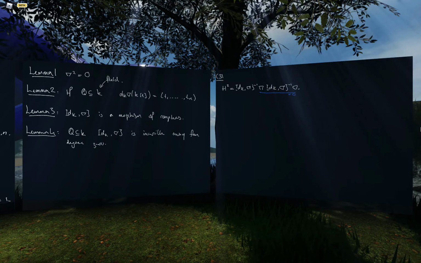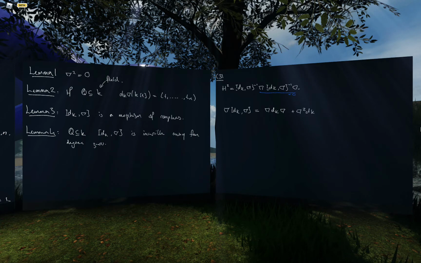Okay, so let's write that out. If we compute like this, we have dk of nabla, well, that is nabla dk nabla plus nabla squared dk.